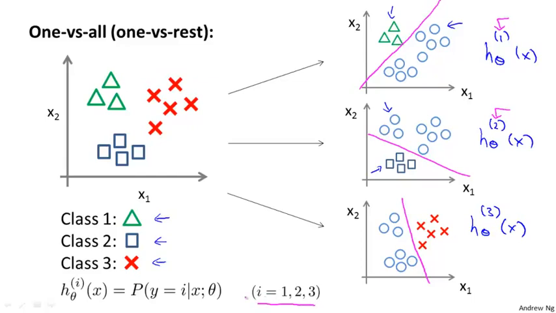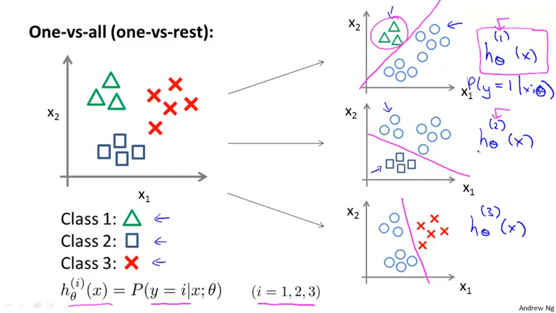So for i equals 1, 2, 3, we've fit a classifier h superscript i subscript theta of x that's trying to estimate the probability that y is equal to class i given x and parameterized by theta. So in the first instance, this classifier was learning to recognize the triangles. So it's thinking of the triangles as a positive class. So h superscript 1 is essentially trying to estimate the probability that y is equal to 1 given x and parameterized by theta.